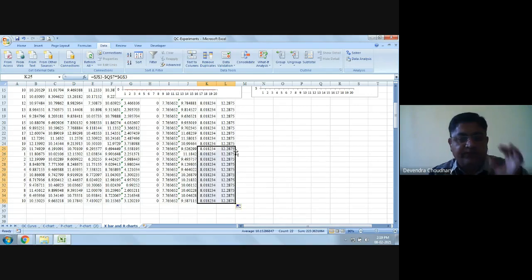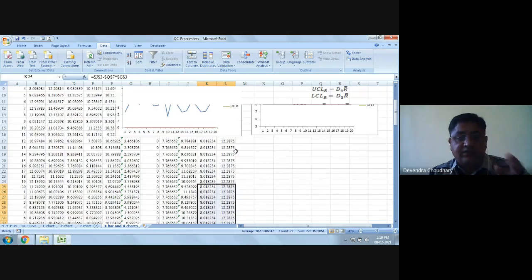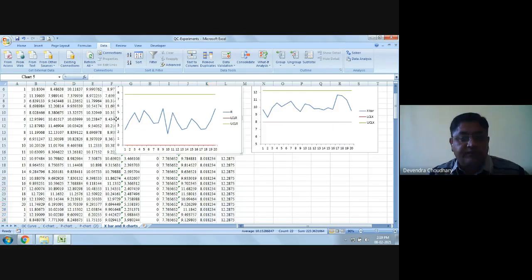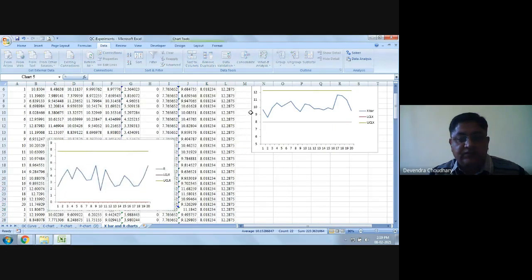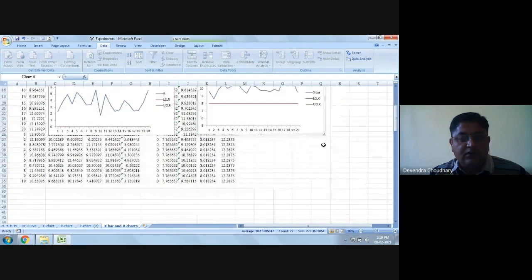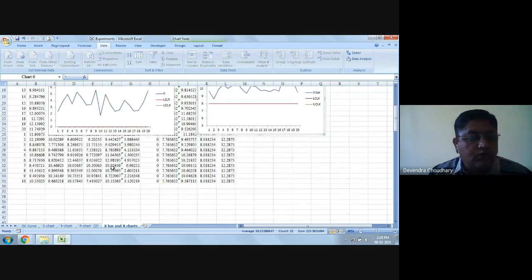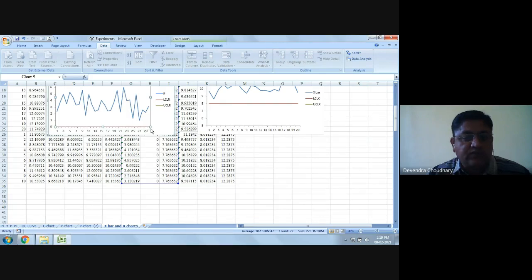Okay. Now I extend these charts for these new subgroups. So how can I extend? I select and I then extend up to. Okay, so this is now showing 30 subgroups.